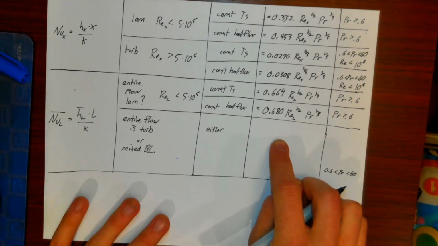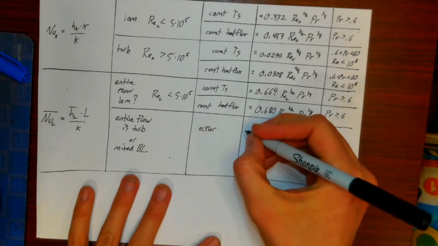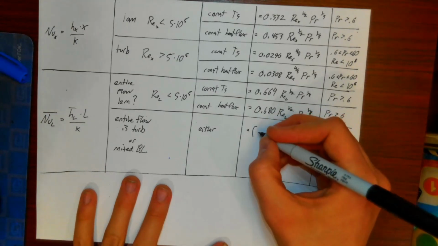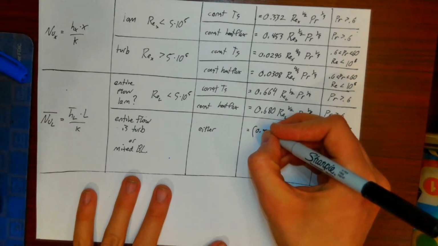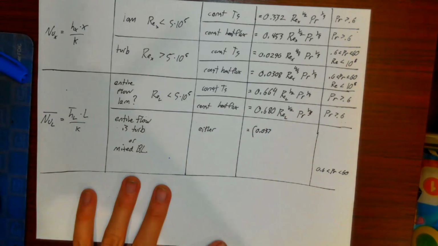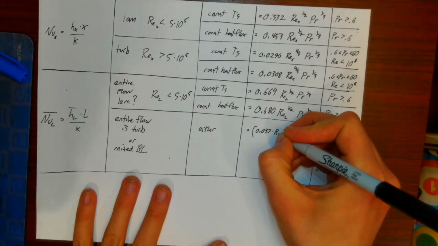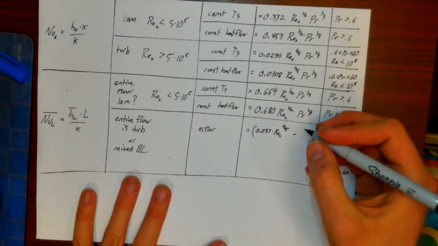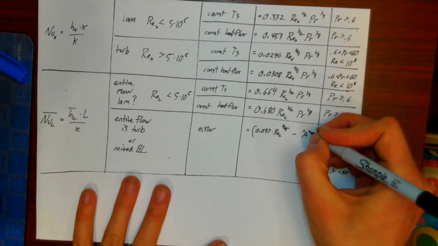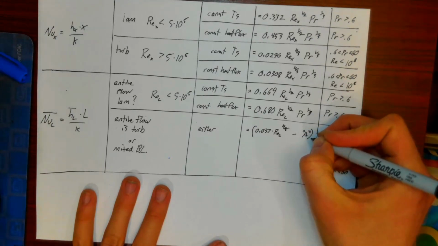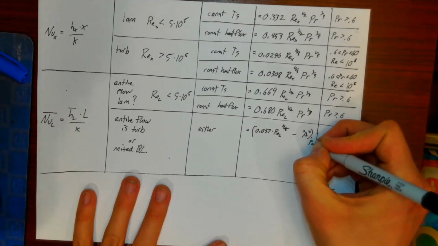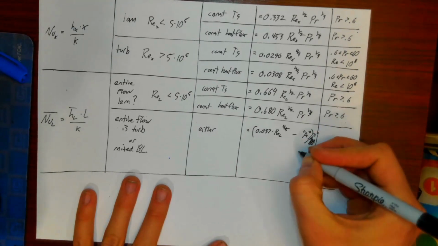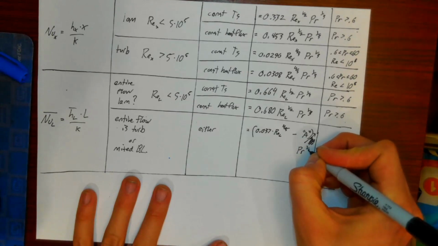And then this last one is a little bit tricky. It's equal to this thing right here, 0.037 times Reynolds number sub L to the 4/5 minus what I'll call A, and then this whole thing also times Prandtl number to the 1/3.